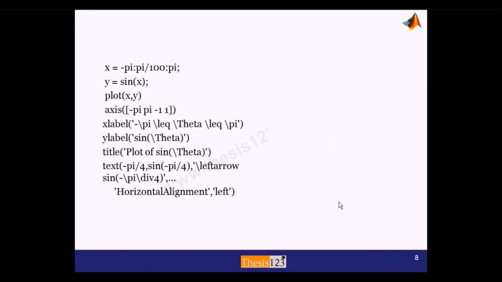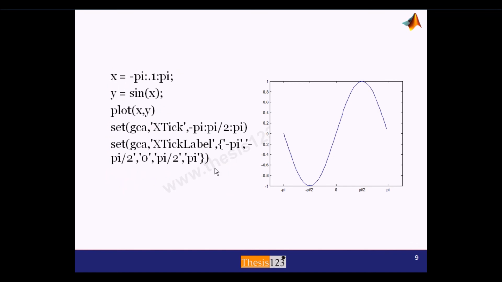And similarly I am ticking the labels on the x axis here. I am going to discuss how to get the axis of the current plot. So get the current axis, where I am setting the plot axis from minus pi to pi with increments of pi by 2.